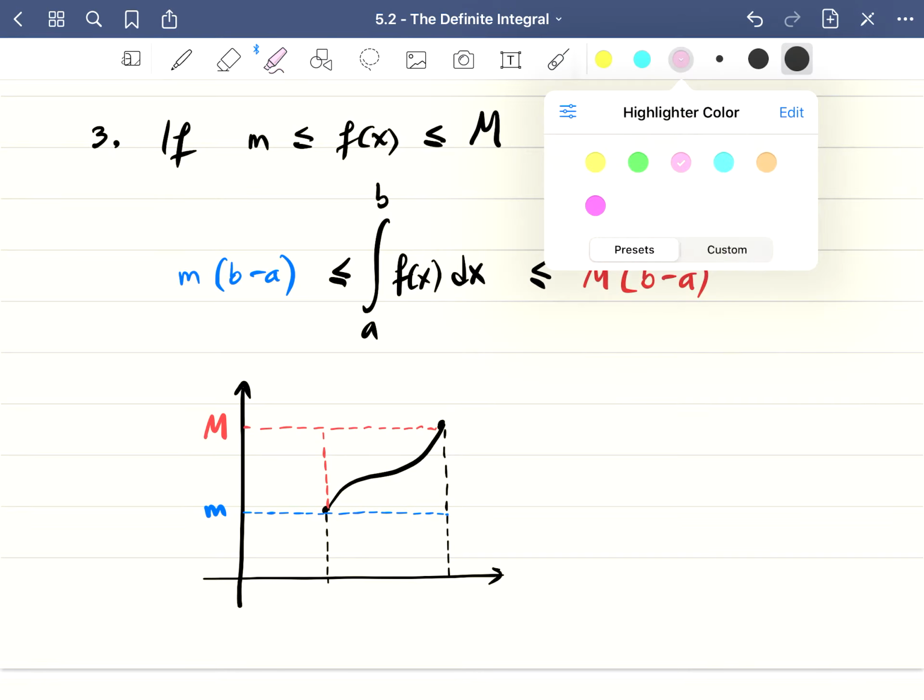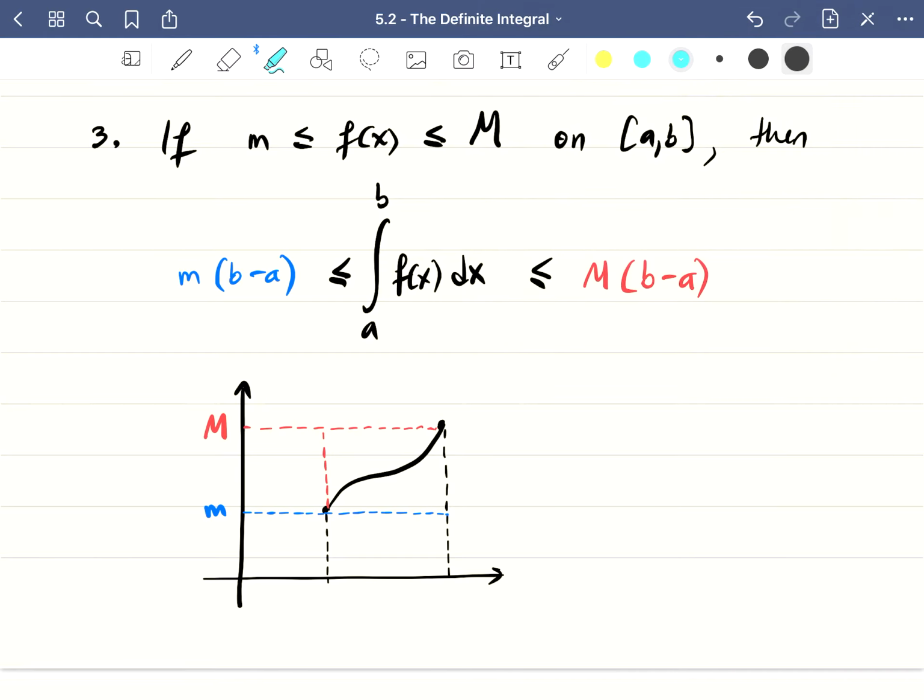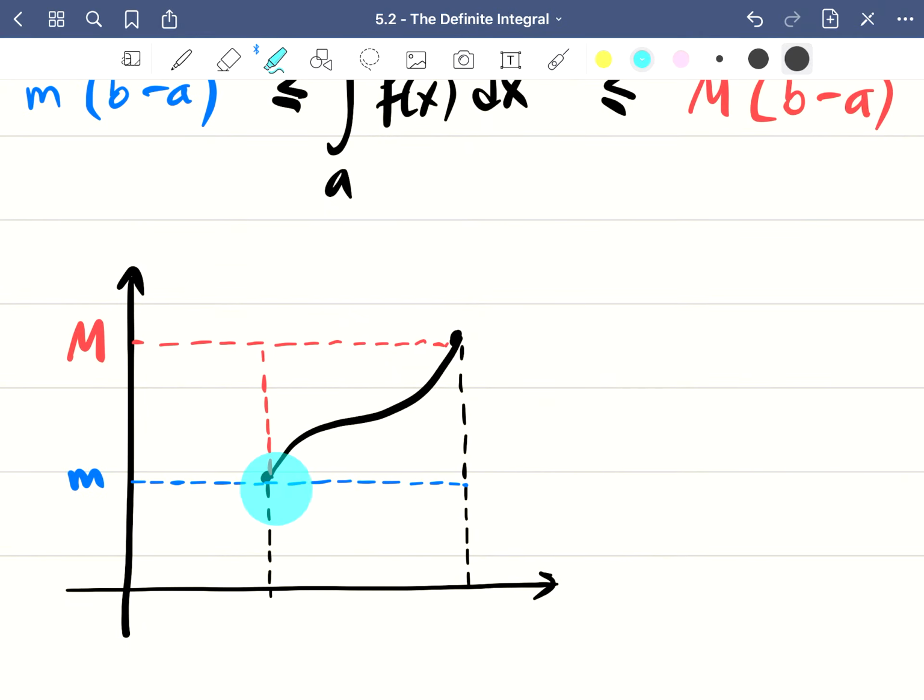Maybe I just use the pink one. Maybe I should start with the blue one. So the blue one is for this side. Let me emphasize this. Oops, sorry, I need the smaller version.